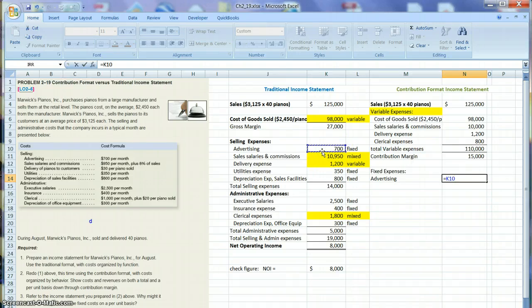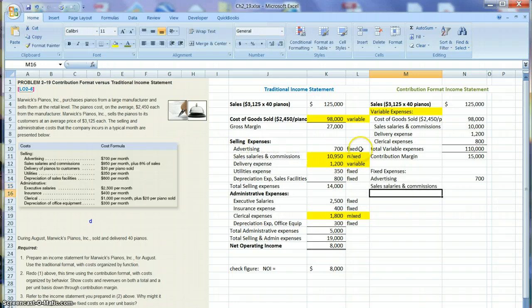breaking even. So again, I am going to go through here and pick up my fixed costs. Sales salaries were $950 per month. That is the fixed portion. Utilities expense, I have $350. Depreciation is also fixed at $800.